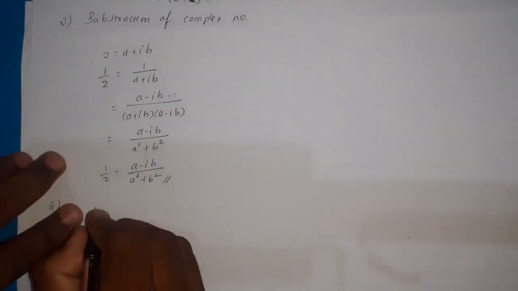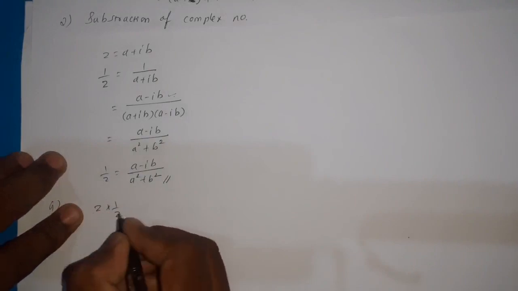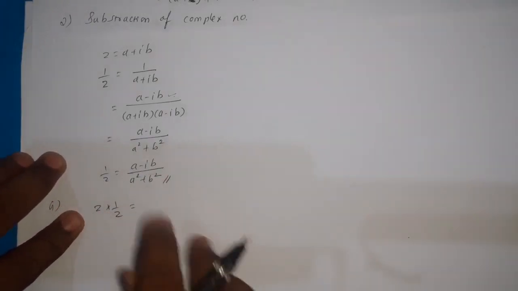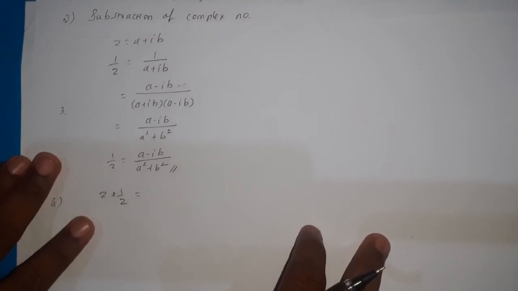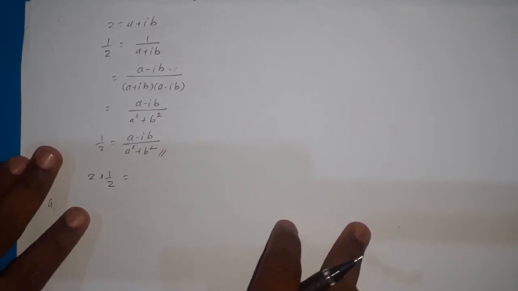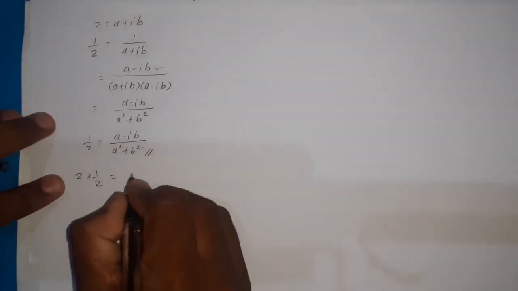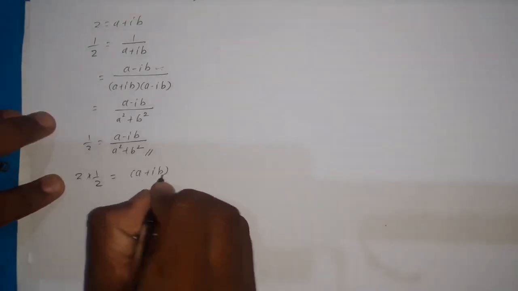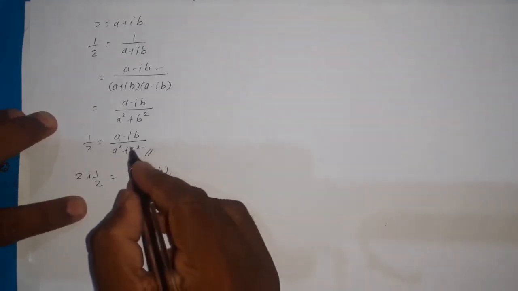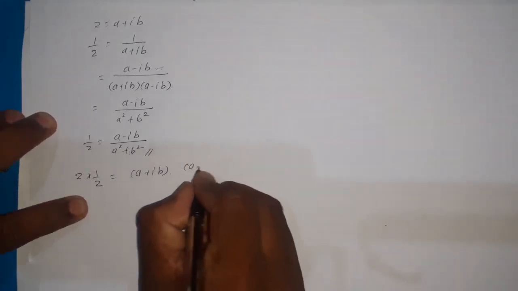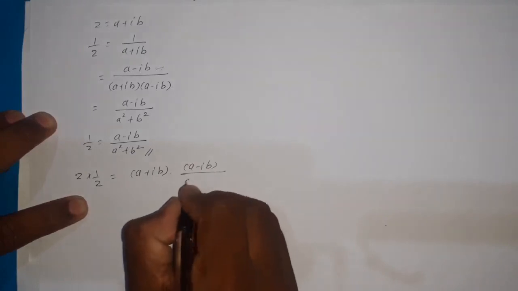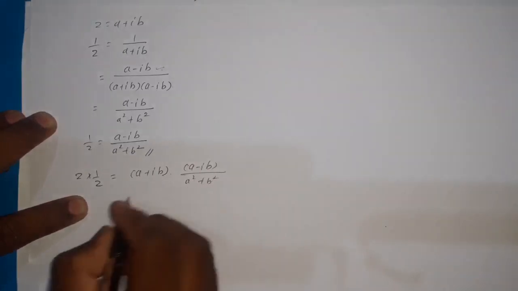Means if you multiply z and 1 by z, we should get the identity element of multiplication. We already know which is the identity element under multiplication and addition. So here 1 is the identity element under multiplication. Now here z equal to what? A plus ib. Then 1 by z we got the value as a minus ib divided by a square plus b square.